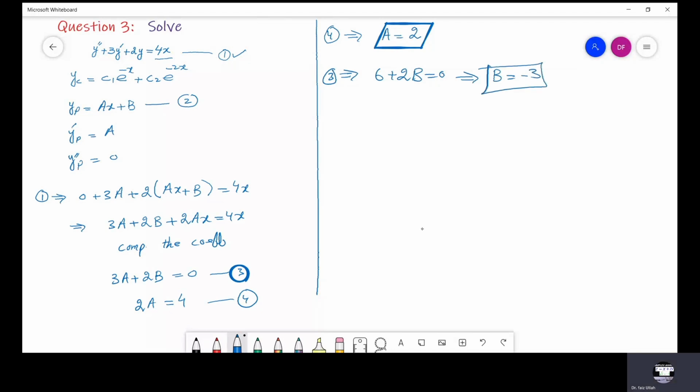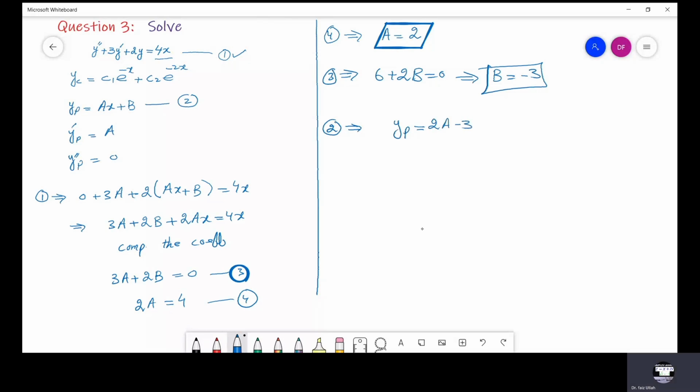Putting these two values in equation number 2, we get the required particular integral, which is equal to 2x minus 3.